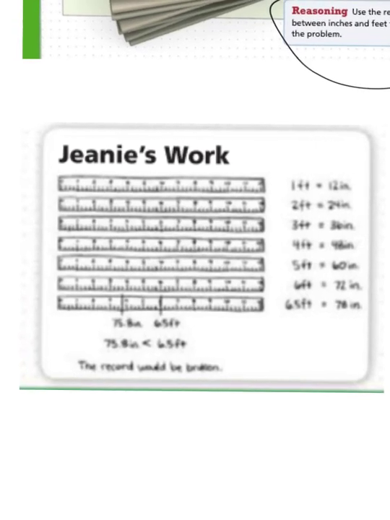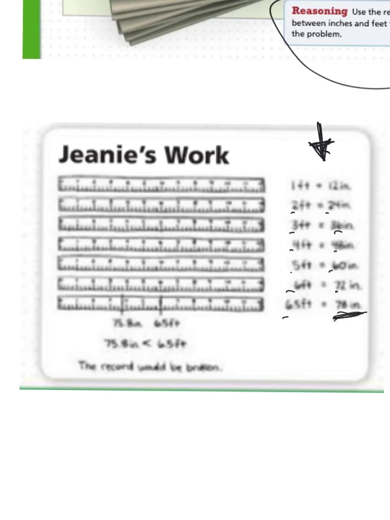I'm sorry it's hard to read, but the key point I wanted to point out is right here. They show you 1 foot equals 12 inches, 2 feet is 24, 3 feet is 36, 4 is 48, 5 feet is 60, 6 feet is 72, and 5.5 feet is 78 inches.